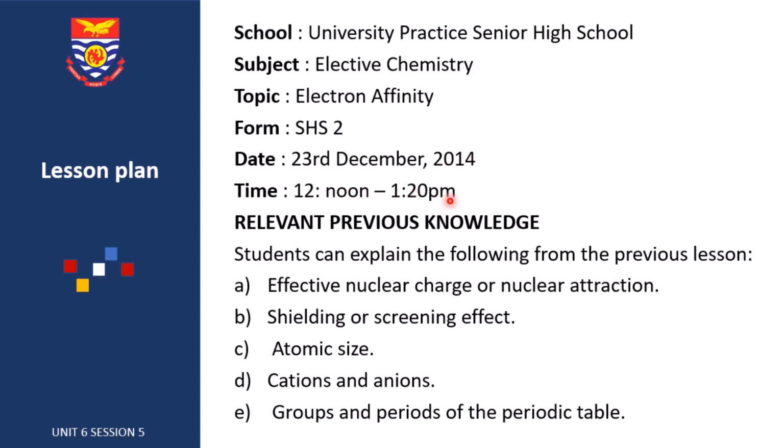Next is relevant previous knowledge. Remember, we are going to teach electron affinity. So the RPK should be related to electron affinity, or things that will help the students understand electron affinity.